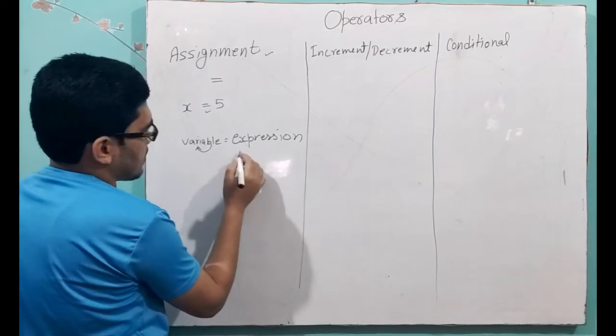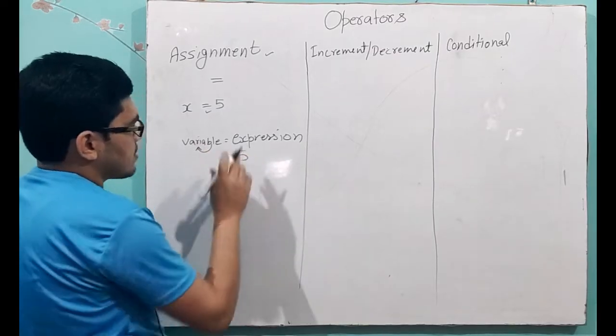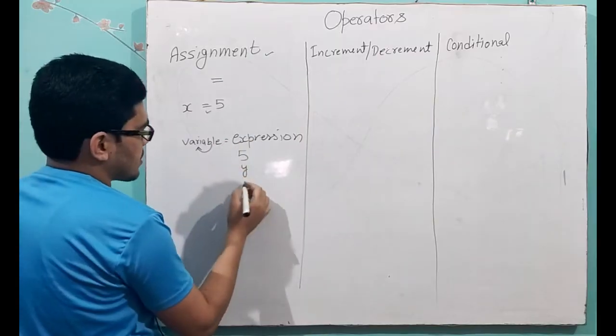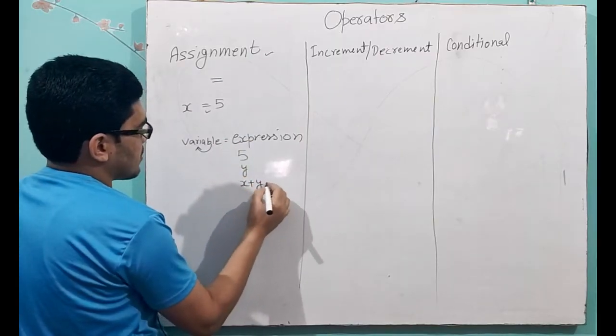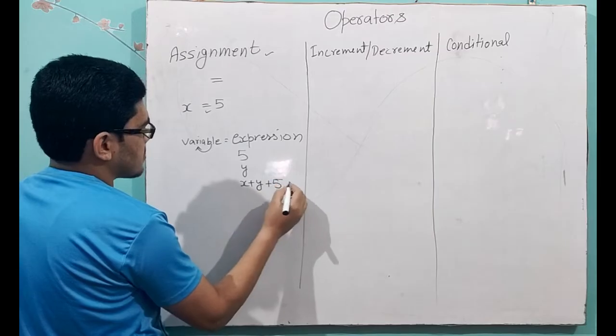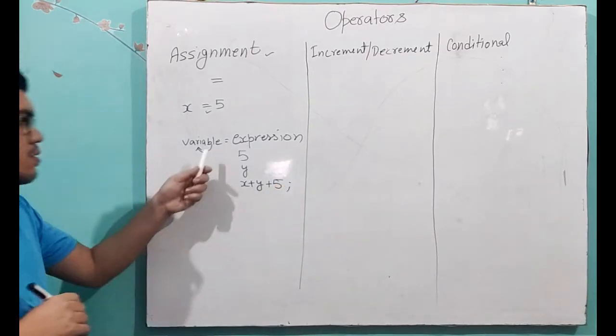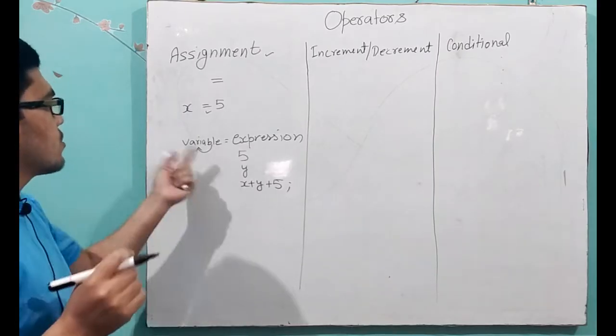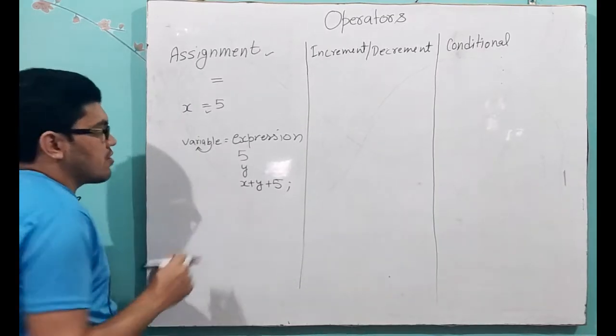This expression can be a single value, it can be a variable also, and it can be a combination of both. But on the left side there must be only a variable.